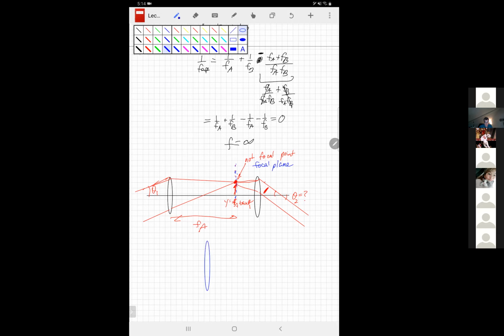Let's think about the forward process again, and then we'll try to figure out the reverse process. If I had a bunch of rays coming in like this, they will all go to a point one focal length away.